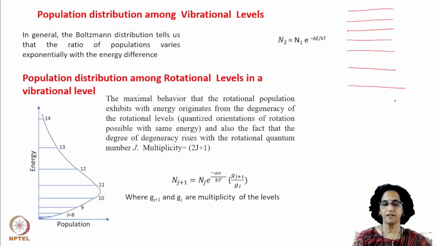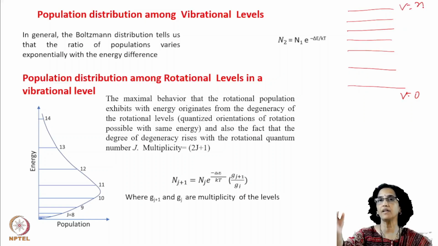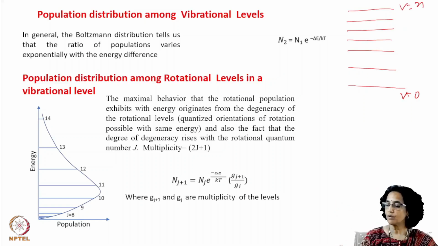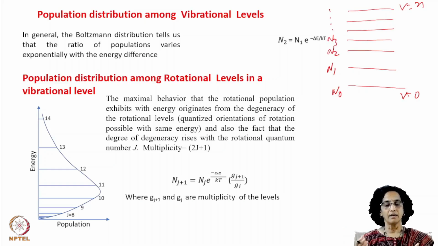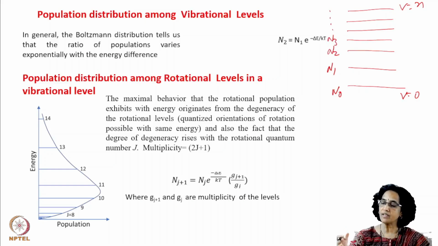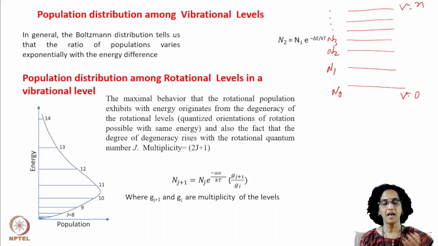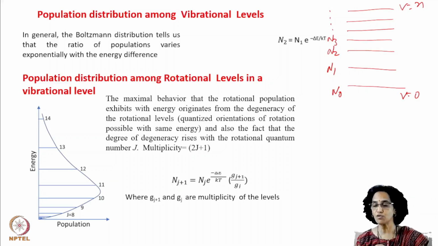So you have V equal to 0 to some V equal to N or even higher. So if the population here is N0, N1, N2, N3, and so on, then the population is distributed among these vibrational levels as per the Maxwell-Boltzmann distribution.